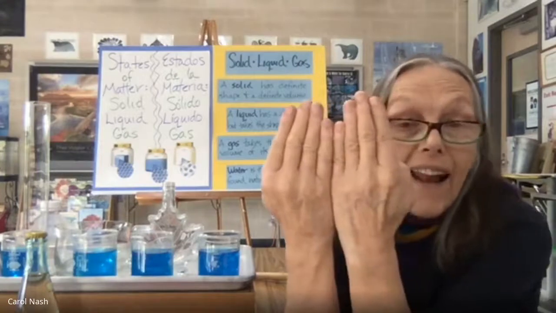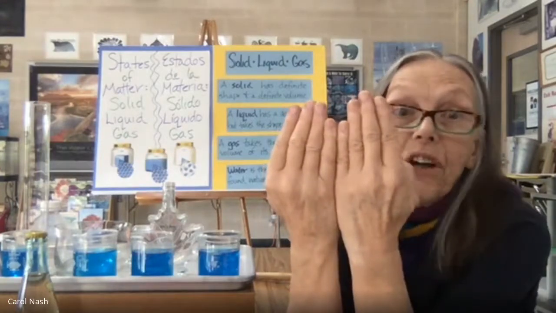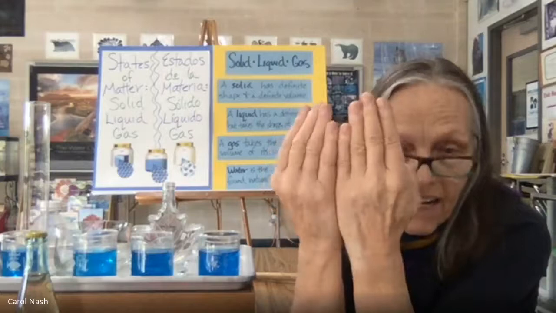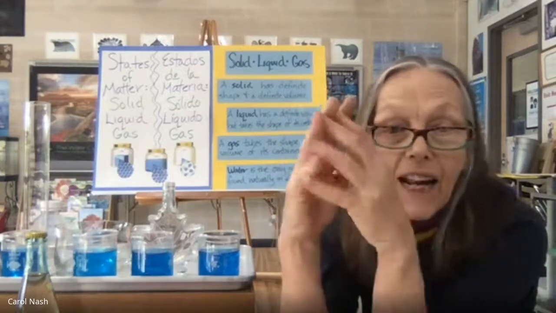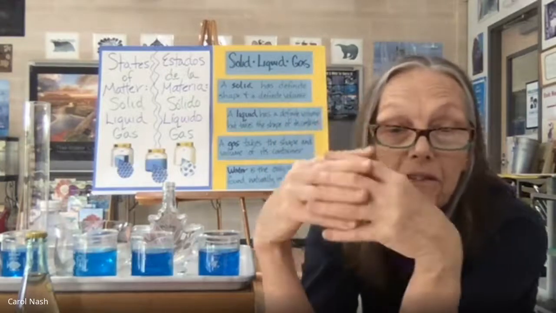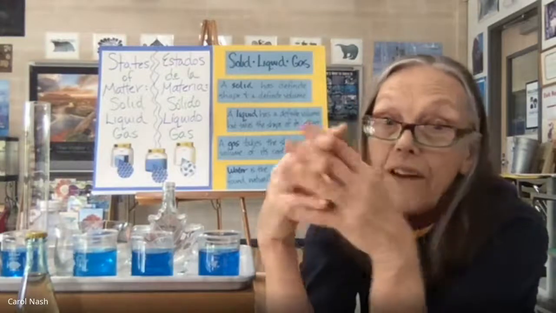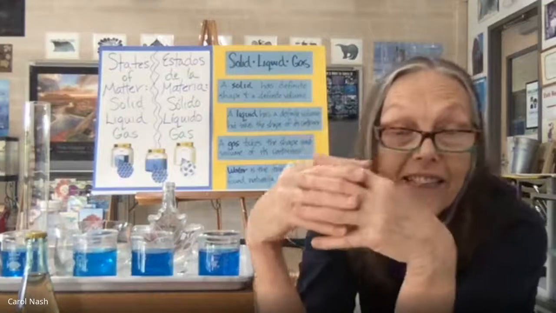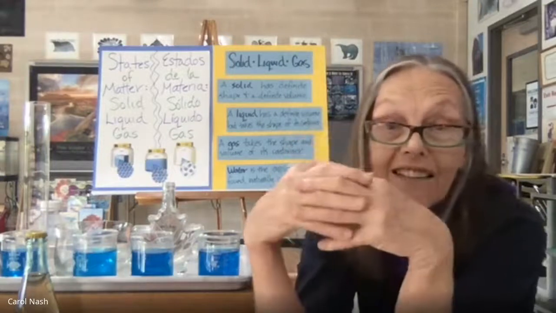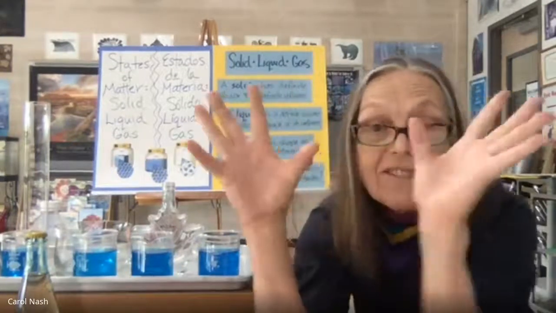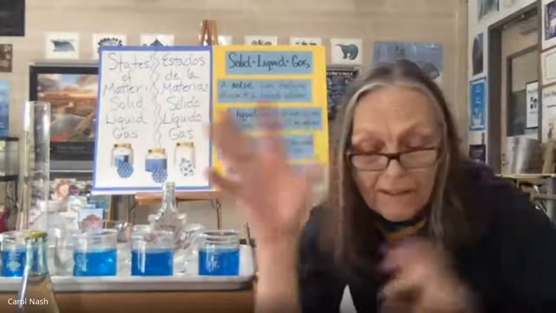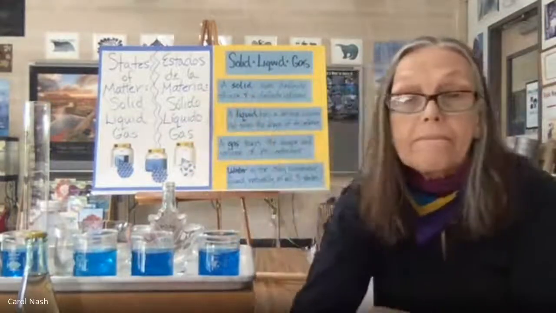But if we add some heat, we might start to melt that solid. And then we're going to get a liquid in which the particles will move more freely. And then if we add more heat, that liquid might turn into a gas. And then the particles will just go everywhere, everywhere, everywhere. Give me more room, give me more room.